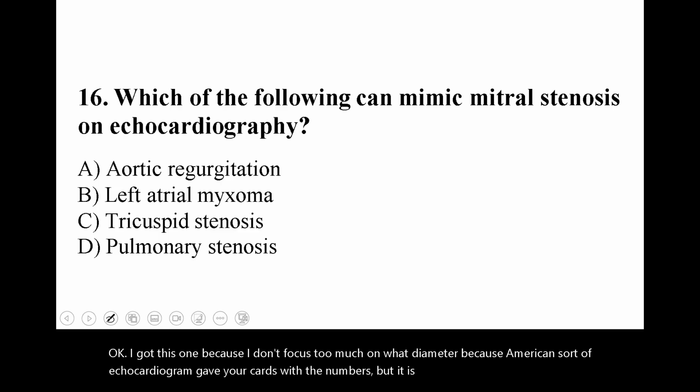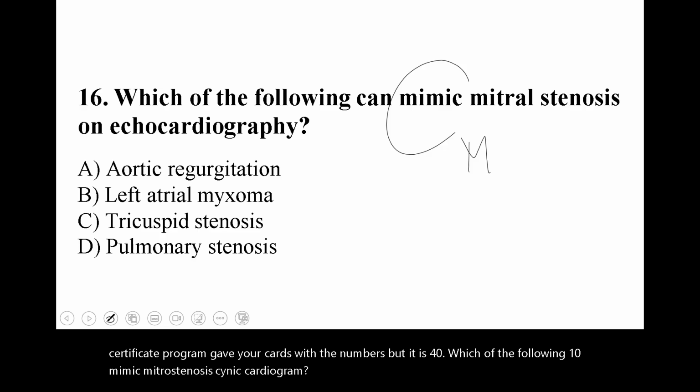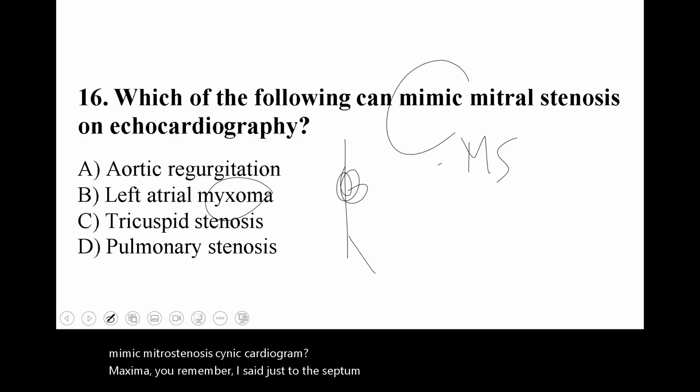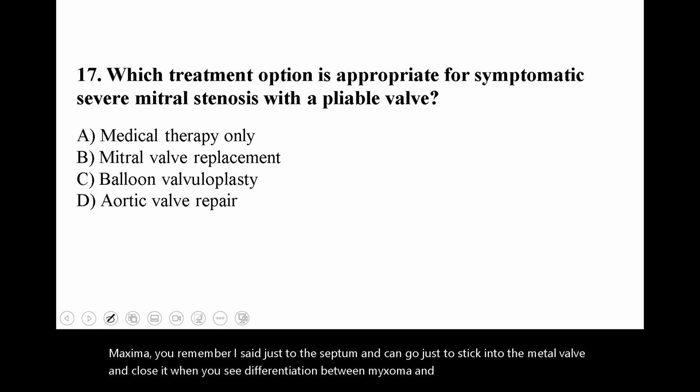Which of the following can mimic mitral stenosis in echocardiogram? Myxoma. You remember I said it attaches to the septum and can go and stick into the mitral valve and close it. When you said differentiation between myxoma and thrombus.